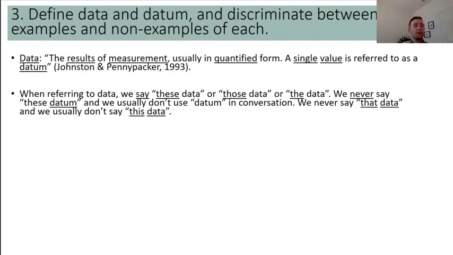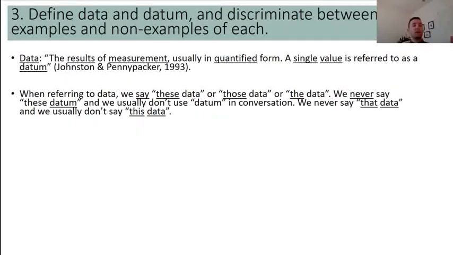So when referring to data, we say these data or those data or the data, but we never say these datum, and we usually don't use datum in conversation. We never say that data, and we usually don't say this data. Okay, so think of it this way. If there were cows in a pasture or out in a field, you wouldn't refer to the cows in the field as that cows, right?